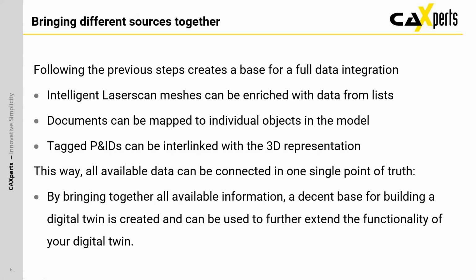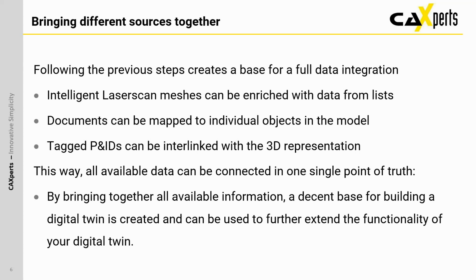Bringing different sources together, that's actually the final step of creating a digital twin, and following the previous steps creates a base for full data integration. This means, for example, intelligent laser scan meshes can be enriched with the data coming from those aggregated lists. Documents can be mapped to individual objects in the model.